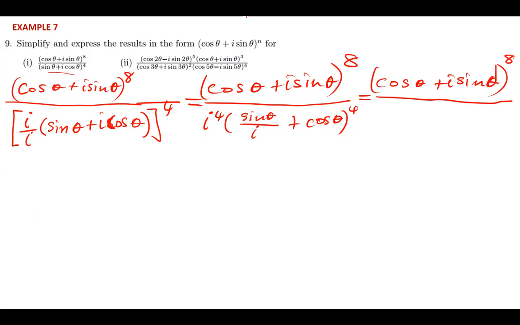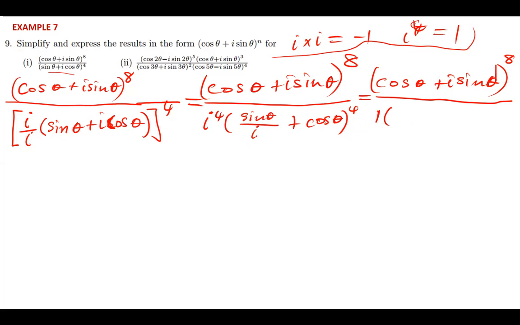You remember I said I times I, the answer is simply just -1. So when you say I to the power 4, the answer will just be -1 times -1, which will give you just 1. So you get 1. So I to the power 4 will give us 1. So we write 1 there. There's no problem. If you want, you can leave it or write it. It doesn't matter.